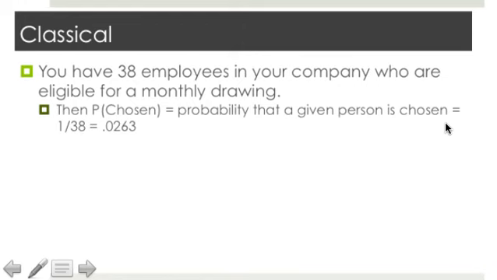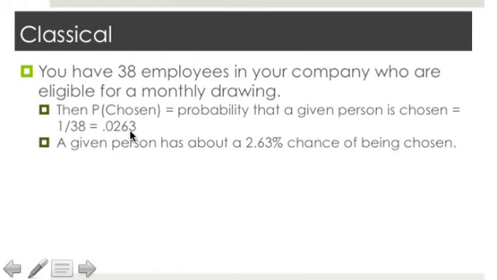If each person has their name entered once into the hat, so to speak, and a random name is chosen out of the hat, then each given person has a probability of 0.0263. We can also express that in terms of percentages. This is about a 2.63% chance of being chosen.